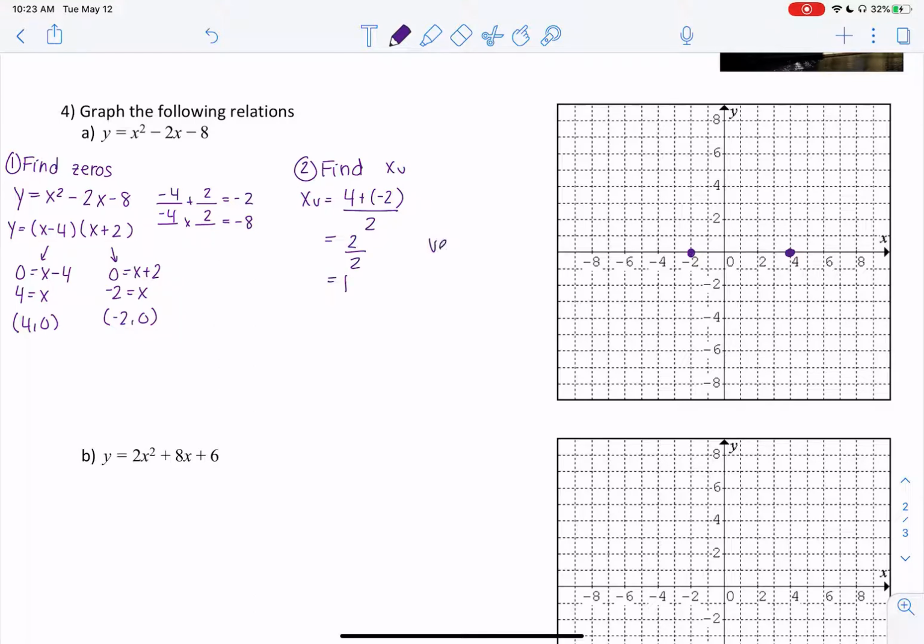So I know that my vertex is looking like 1 and then something, and I need to figure out what goes in the y. So in order to do that, I'm going to find the y of the vertex by subbing in 1 into our equation. And remember, it doesn't matter if I use the factor form or if I use standard form.